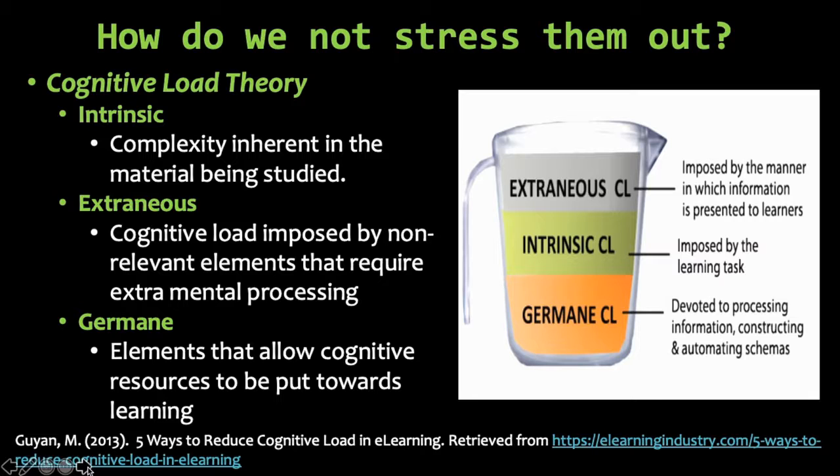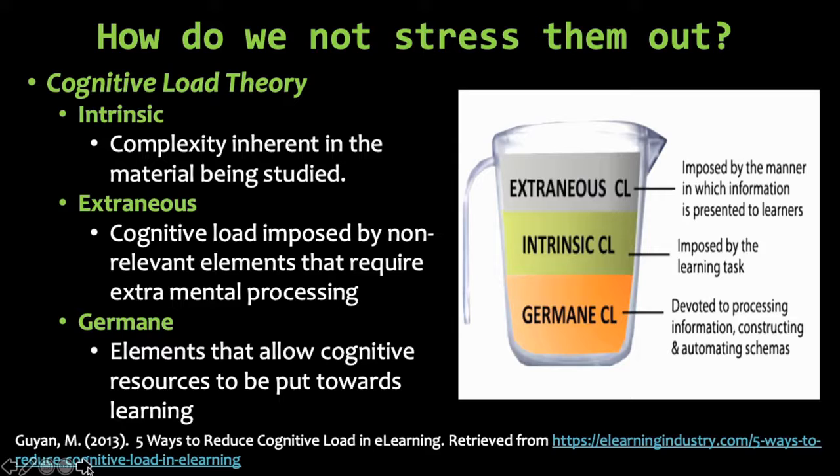The area that we have to look at, particularly in online instruction, is extraneous load. In other words, the cognitive load that we impose on a learner with non-relevant elements, requiring them to do extra mental processing. We all have this tendency when we design something online. When we're working in a classroom, we might give the students one resource to read.